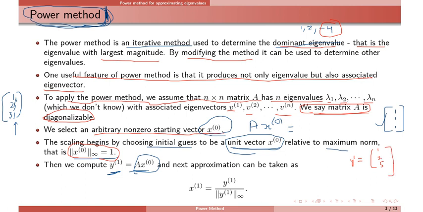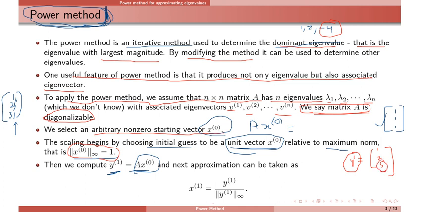So you cannot take this y1 as the next approximation, as its norm is 5. So first scale this vector, that is, divide by 5, the largest component.